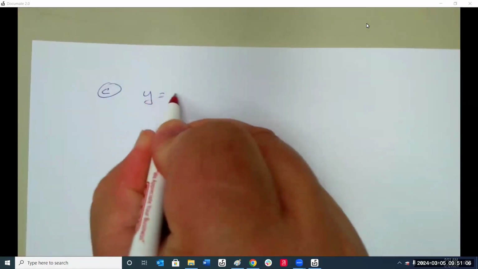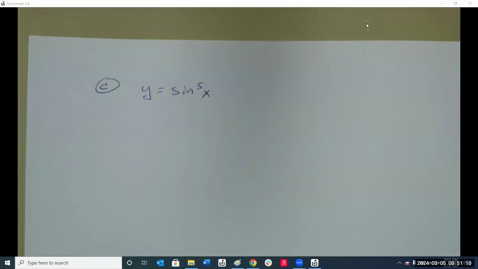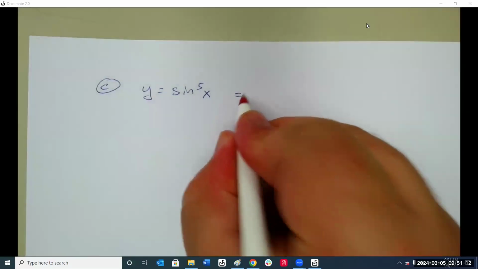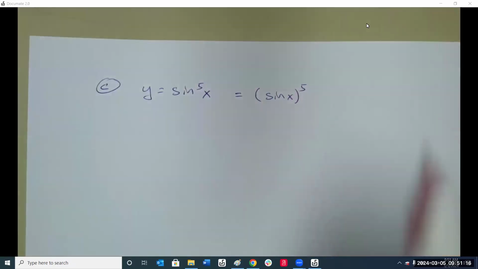Letter C. Y equals sine to the 5th x. This is the same as sine x to the 5th.